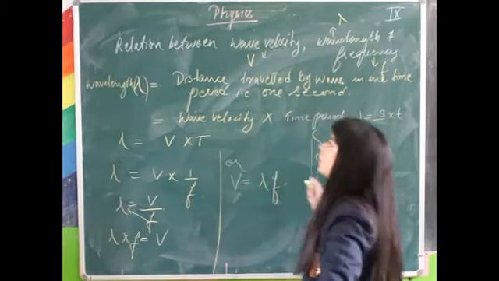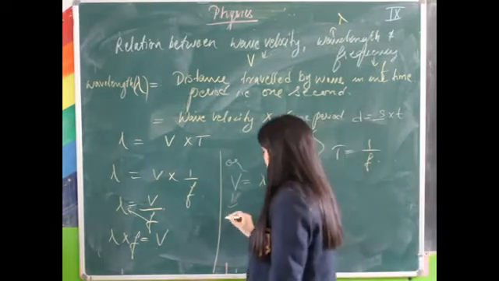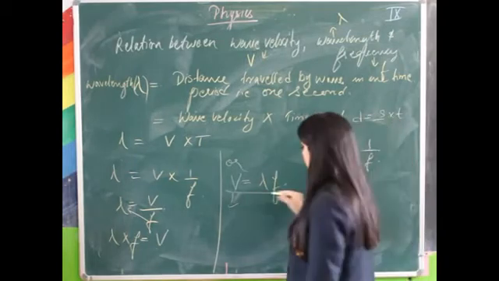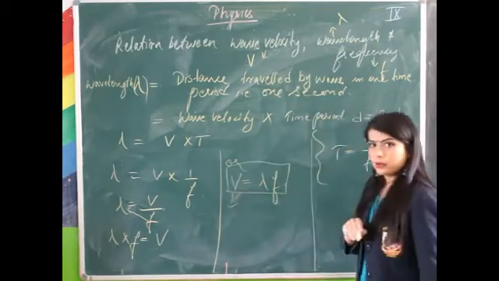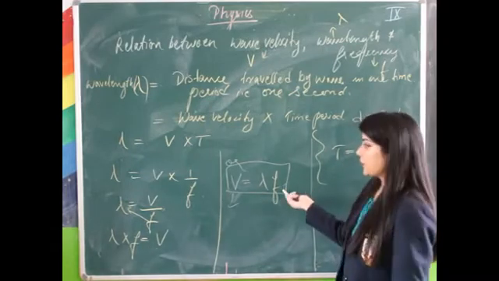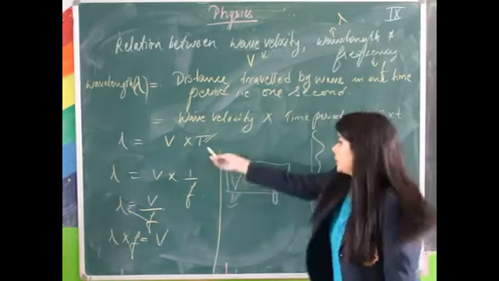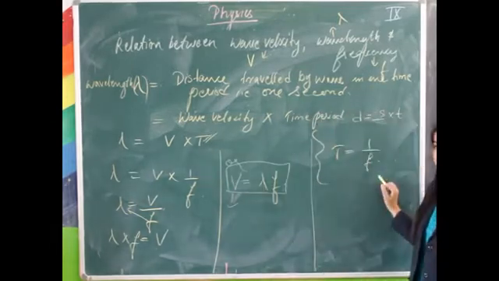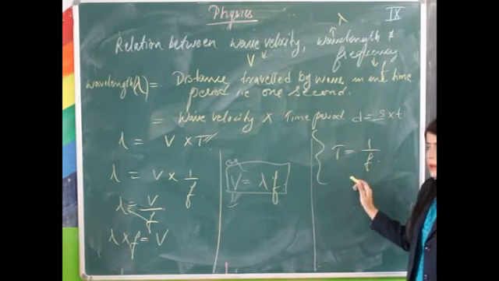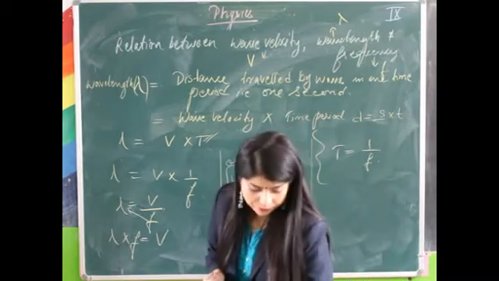So from here you have found the relation between wave velocity, wavelength and frequency. In numericals, sometimes in place of frequency we have time period, so for that we use the other formula. These three formulas are very important to solve numericals, and this derivation is also important. Now we'll solve a few numericals so that it will be clear.